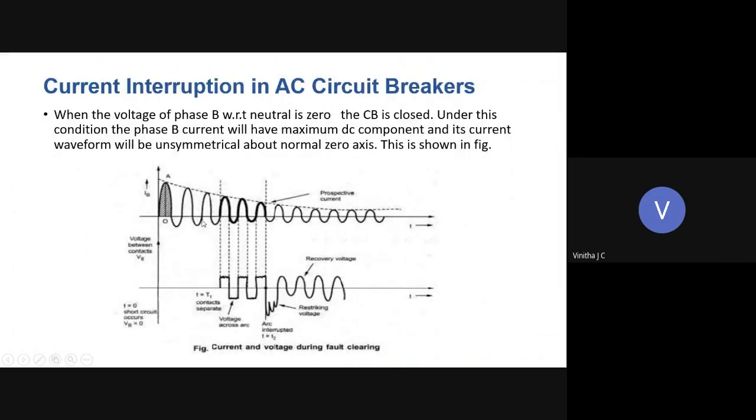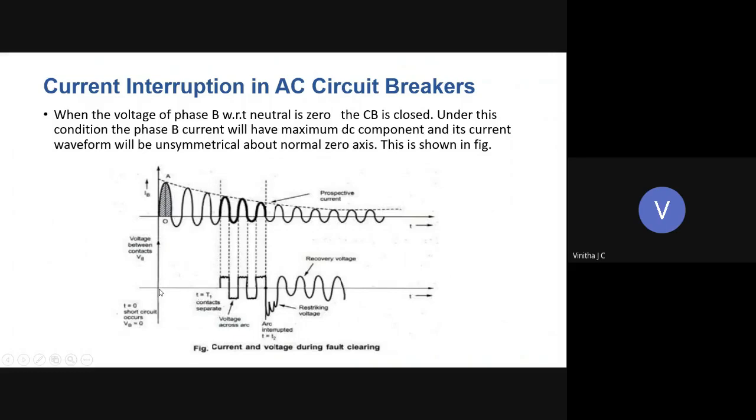During this faulty condition, what will happen? A very high current will flow through the circuit. That current is represented as the making current of the circuit. For example, we can consider the instant t equal to 0. At this moment, the short circuit has occurred in the circuit. The current value will be very high, and at the same time, during the short circuit condition, the voltage across the circuit breaker contacts is equal to 0.